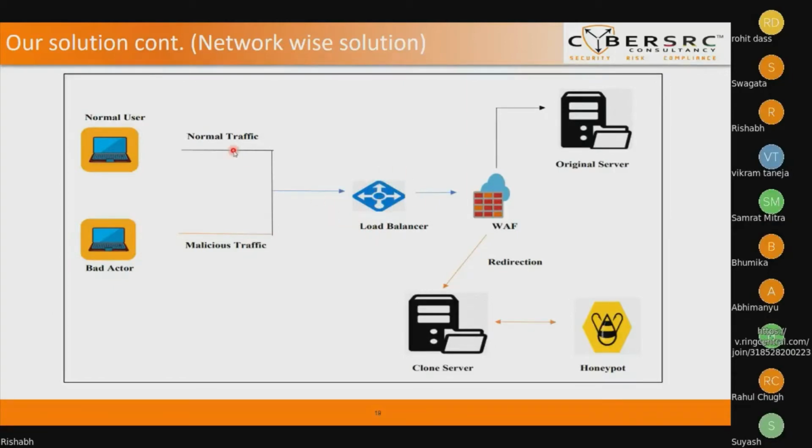Both of them are sending their requests to the load balancer, and all the requests will be guided through a WAF, where the WAF will do a packet inspection and check if the request is malicious or not.